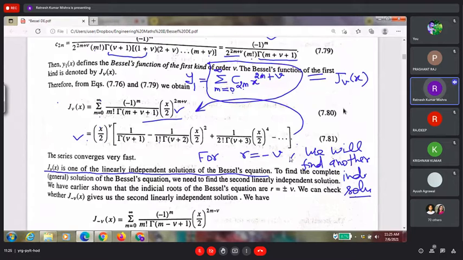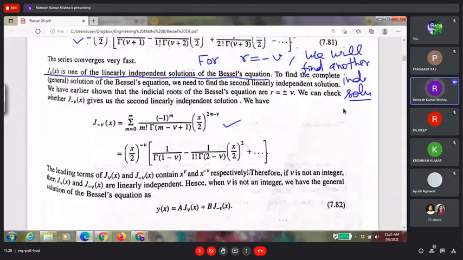For r equal to minus v, what we do is: J minus v of x equals summation m equal to 0 to infinity of minus 1 to the power m over factorial m gamma m minus v plus 1, times (x by 2) to the power 2m minus v, and you write this. So you can find this is the second independent solution.